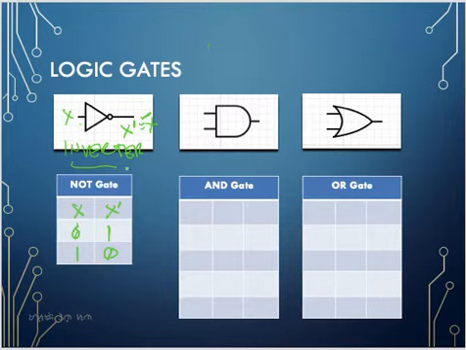Okay? Now, pagdating naman dito sa pangalawa, we have here AND gate. So, dito sa left part ng pyesa, ito yung input natin. Dalawa ang inputs natin. So, pwede natin sabihin na yung isa ay X, yung isa naman ay Y. Okay?